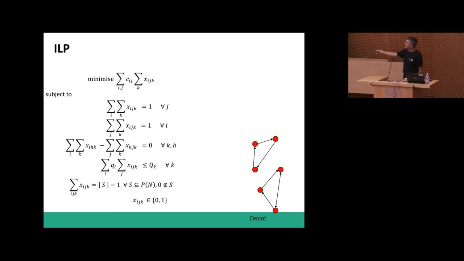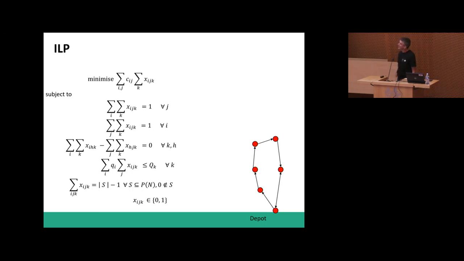And so you need to introduce this set of equations, which basically says that if I've got 3 nodes, or any set of 3 nodes that doesn't include the depot, I can only have 2 arcs in the solution. So if I force it to remove one of those arcs, I get a solution perhaps like that, that's now a legal solution.